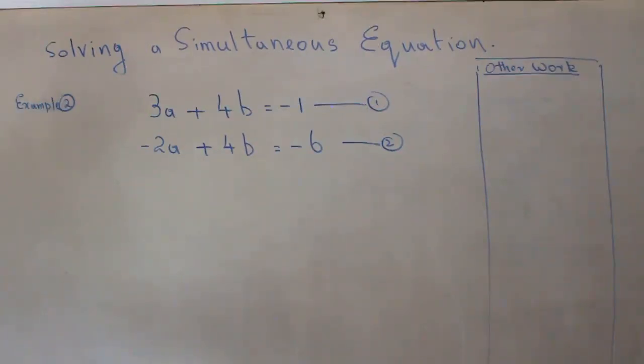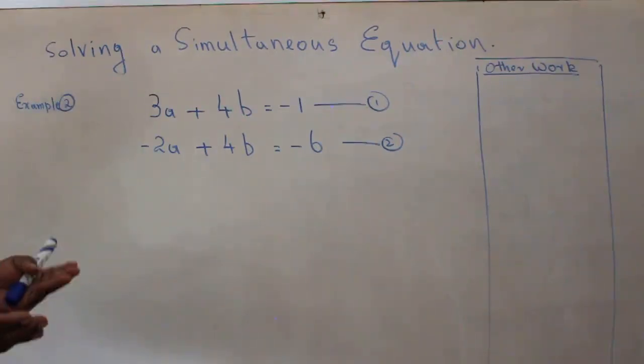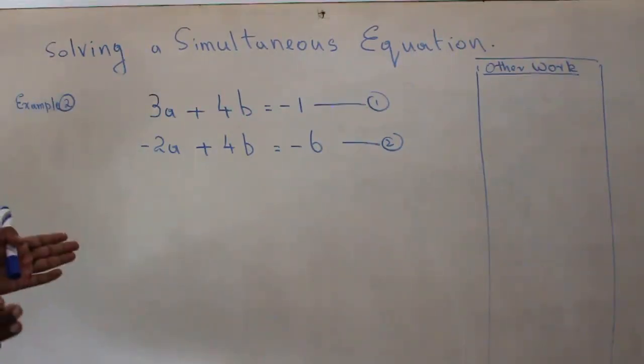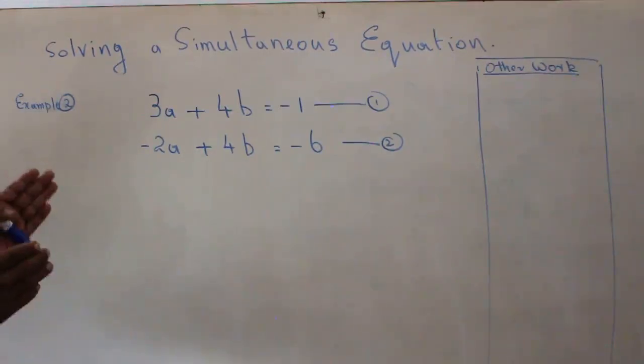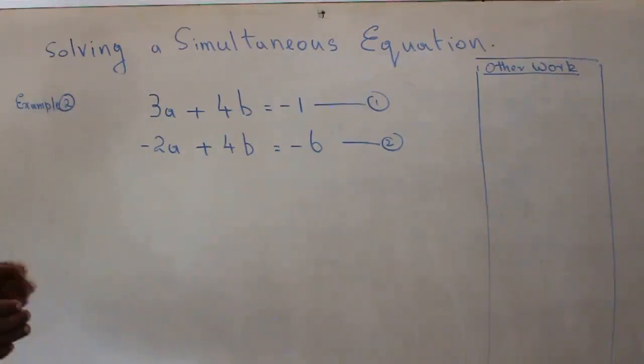Now you will be thinking, oh dear, what am I to do? Am I to add? Am I to subtract? If you go back to your earlier lesson, I want you to do it mentally, because at the exam you need speed as well as knowing how to do it.